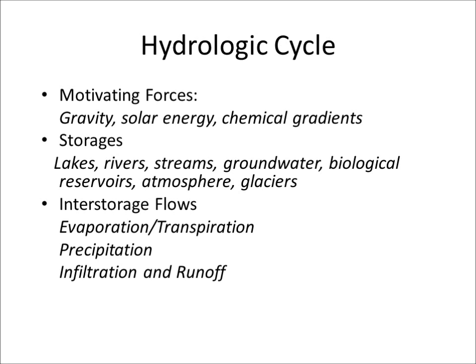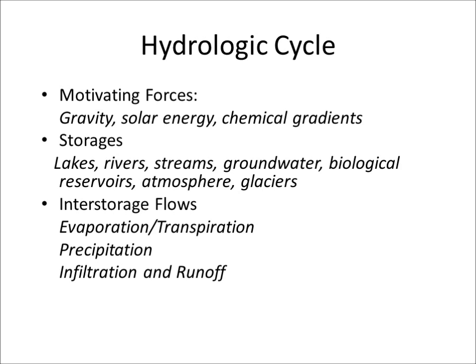Chemical gradients can be significant in some instances, but generally chemical gradients also operate on the same principle, which means that where chemical gradients are high, we have water flowing in to, in essence, reduce the amount of energy that's associated with high concentrations of anything.